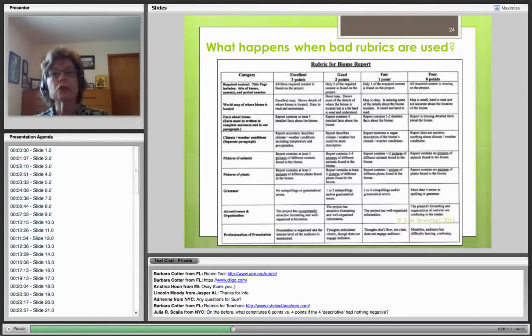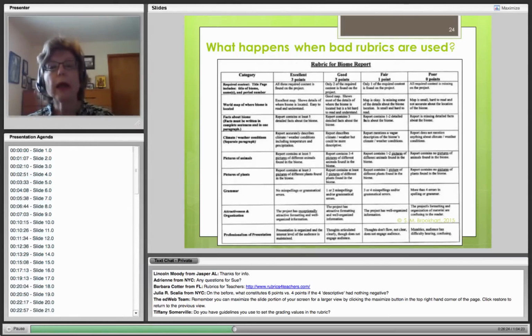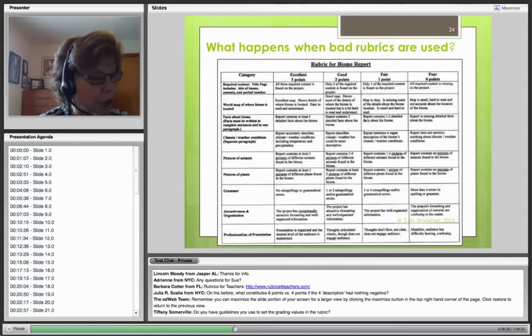Now here's my sad story, and I realize that's tiny, but that's the purpose of it: don't read that rubric, it would just make you sad. This was a 7th grade class. The students had to do a biome report. And the categories for judging were all these surface level features.